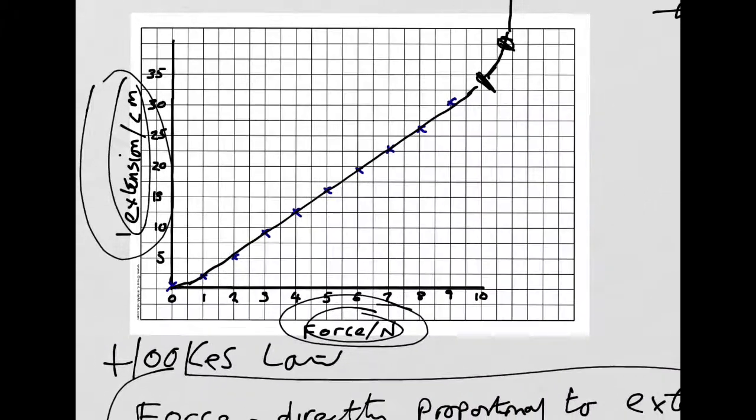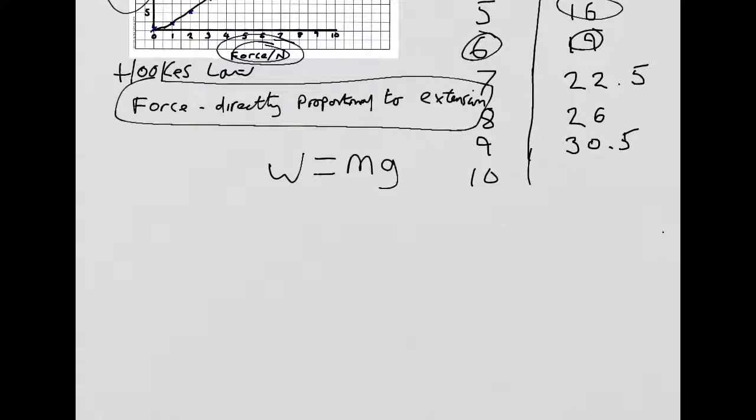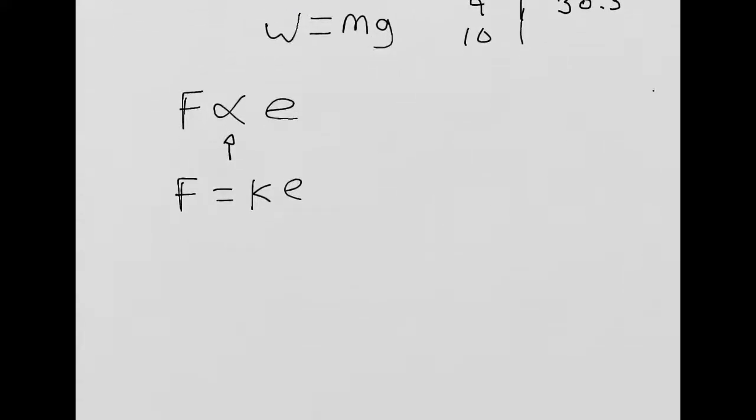Right, what else can we say? So, if something is directly proportional, you might have seen the symbol in maths: force is directly proportional to extension. We can replace this alpha directly proportional symbol with an equals, and then put a k in there for a constant. F equals ke. You may have come across this in the revision guide already.